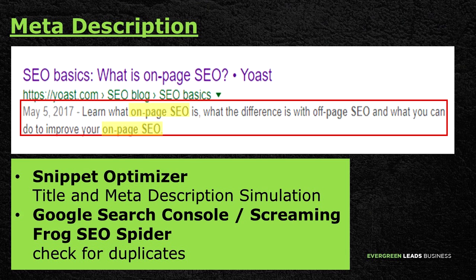Then the next part is the meta description. A meta description is basically a short paragraph of text placed within the code of your web page, whether it's HTML or a WordPress site, that explains what the page is about in a nutshell. If anyone searches for your web page through Google, this is basically the snippet.